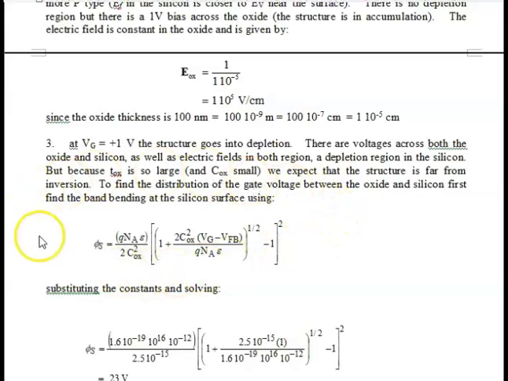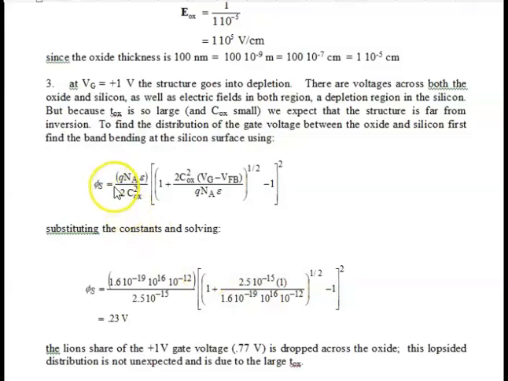Well, this is the basic formula for band bending, which we've seen quite a number of times, and I put in all the numbers here. The Q is here, the NA is here, this is now not the oxide permittivity, this is the silicon permittivity, 10 to the -12th.